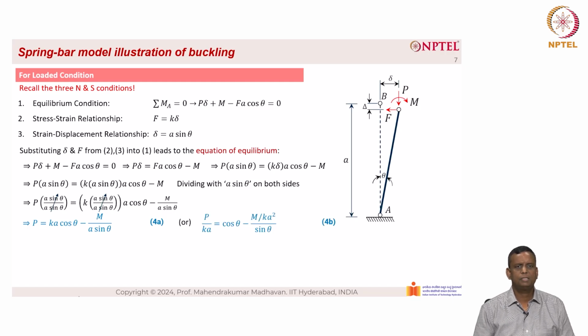Or we can also represent P by K A equal to cos theta minus M divided by K A square, divided by sin theta.